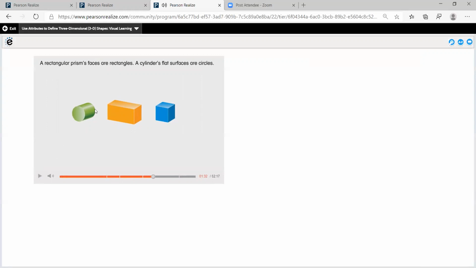So on our rectangular prism, we have rectangles for our flat surfaces. On a cylinder, the flat surfaces are circles. So their faces, the flat surfaces, are different shapes.